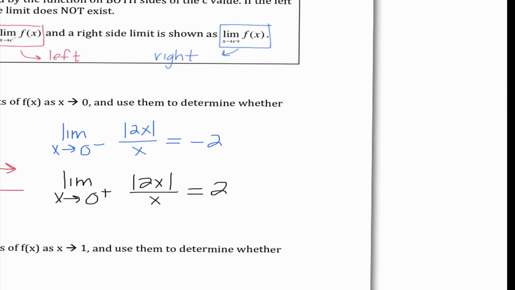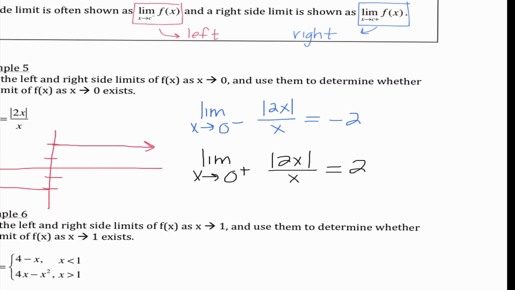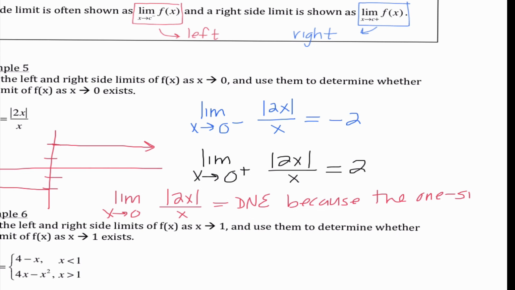So now, if we look at this, I'm going to say the limit as x approaches 0 of the absolute value of 2x over x does not exist, because the one-sided limits do not match.